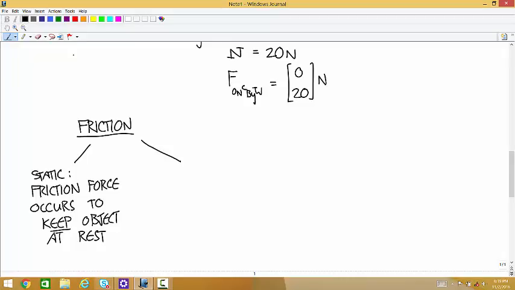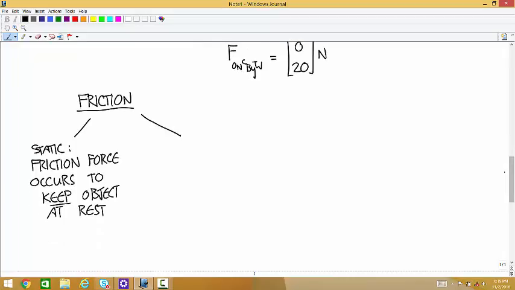Okay, so if an object is at rest and you try to move it, there's a friction force that's applied to keep it from moving. And the other type of friction is called kinetic friction. That's the friction force applied to an object that's already sliding.